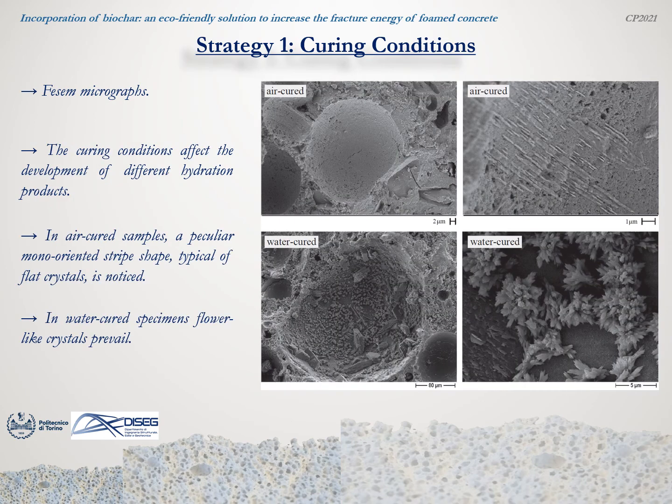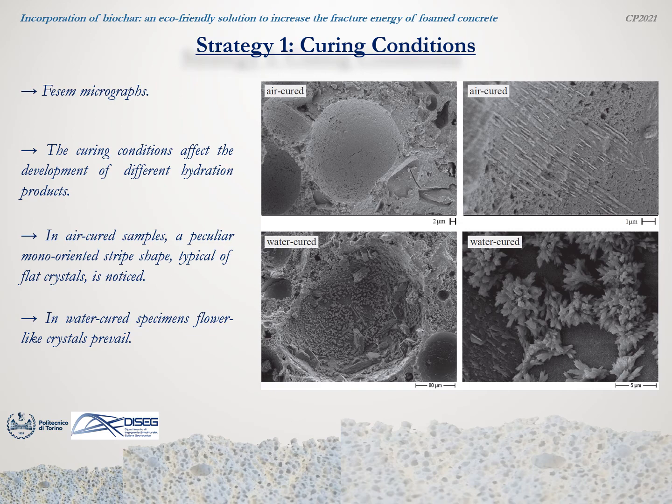The phase micrographs reported in this slide highlight how the curing conditions affect the development of different hydration products. In fact, in air-cured samples, a peculiar mono-oriented straight shape typical of flat crystals is noticed, while in water-cured specimens, flower-like crystals prevail.